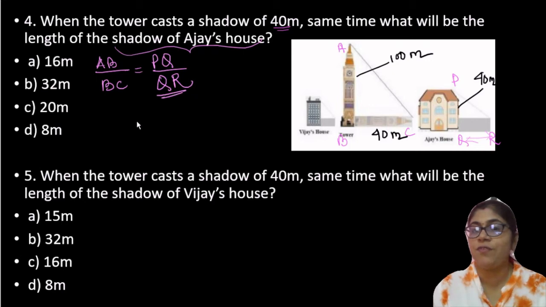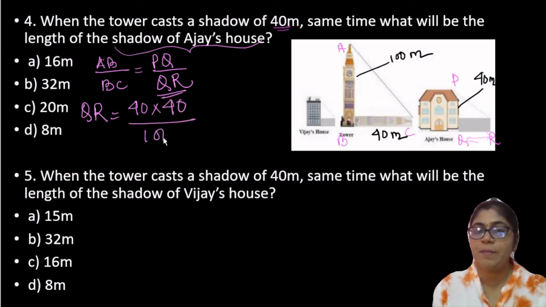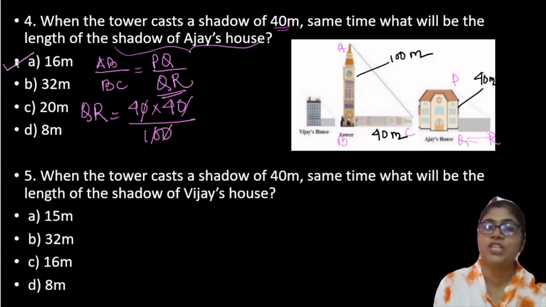So we have to find out the distance of QR. So QR is equal to PQ into BC by AB. PQ is 40 into BC is also 40 divided by 100. So QR is equal to 4 into 4, 16 meter. Our option A is the right answer here.